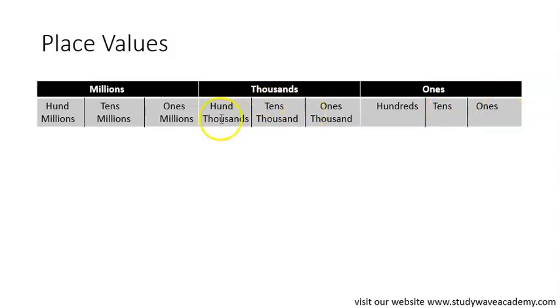Under the thousands, we have 100,000, 10,000, and 1,000. And under the millions, we have 100 millions, 10 millions, and 1,000,000. So today we are going to be learning how to place these numbers according to their worth using this place value system. Okay, let's move on to some examples to help us understand better.